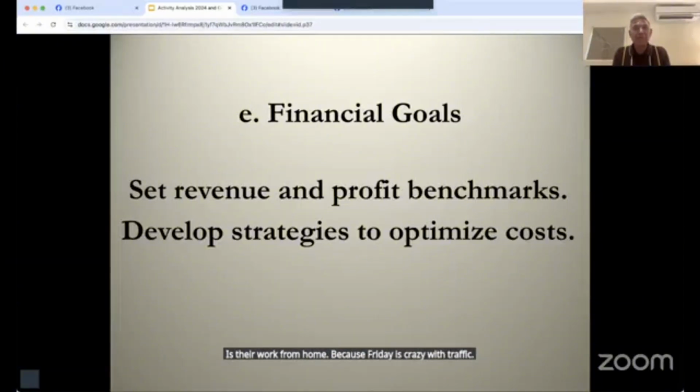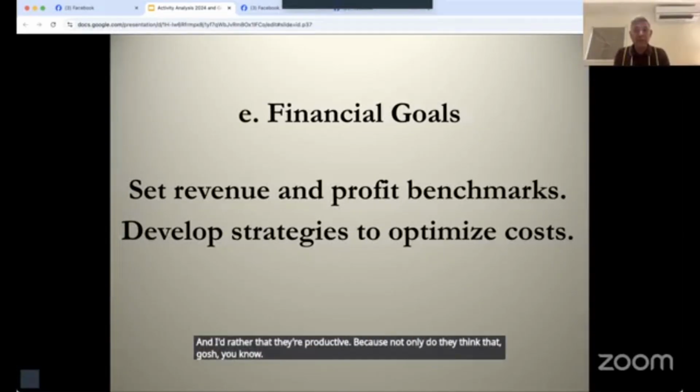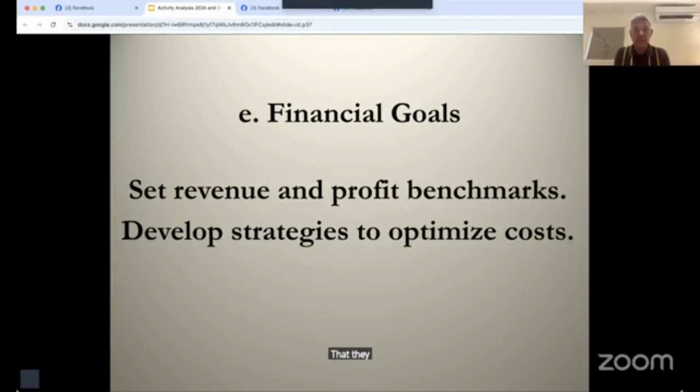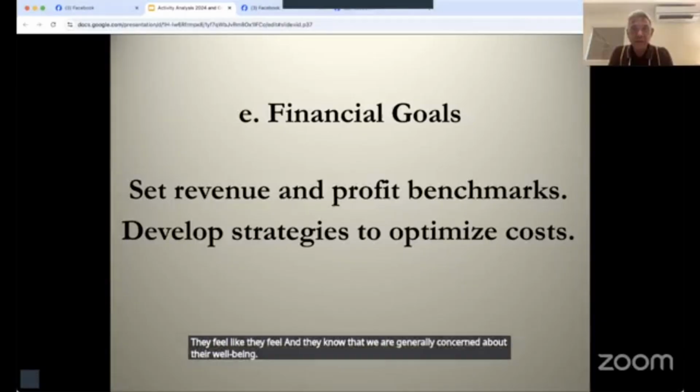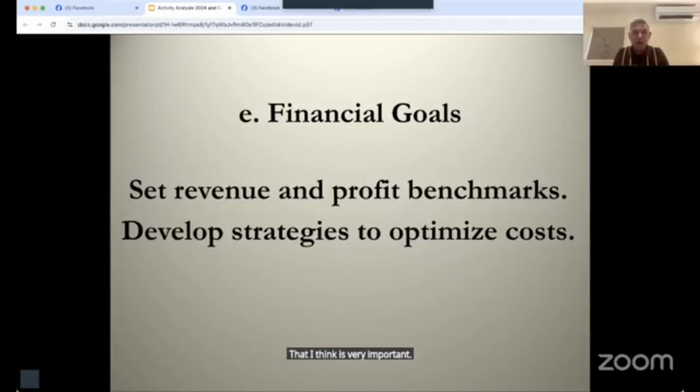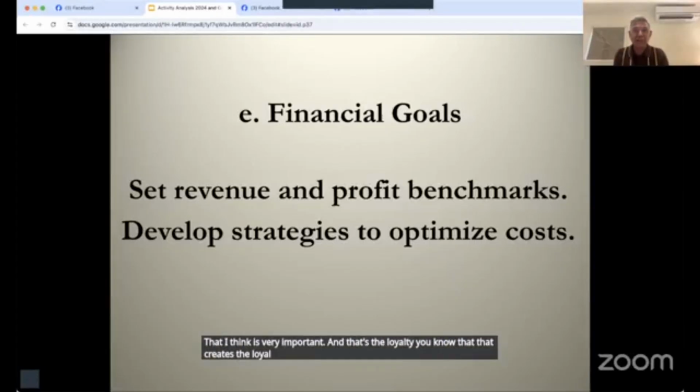And I'd rather that they're productive, because not only do they think that they save on travel time, but more importantly, they feel and they know that we are genuinely concerned about their well-being. That, I think, is very important. And that's the loyalty, that creates the loyalty brand in them, right? Okay, next slide, please.